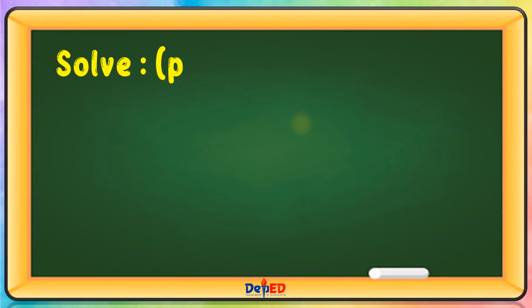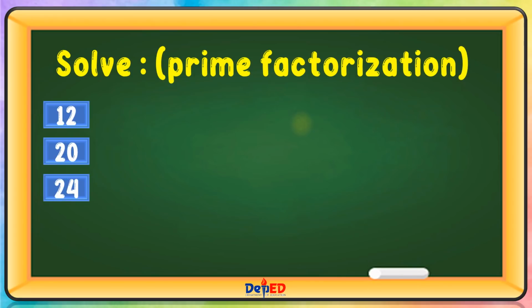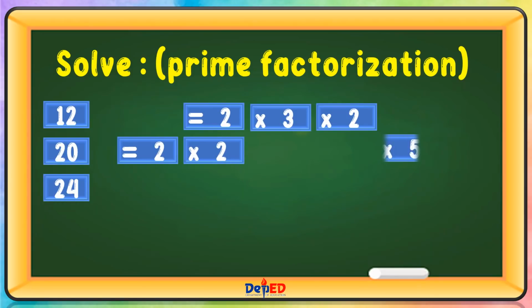Solve by prime factorization. 12, 20, 24. The prime factorization of 12 is 2 times 3 times 2. The prime factorization of 20 is 2 times 2 times 5.